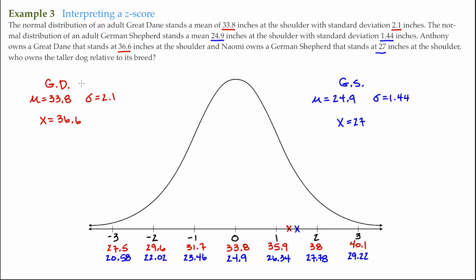So the z-score for the Great Dane here, we'll take the 36.6. We'll subtract out the 33.8. Right? That's going to give us 2.8. Except we need to put in the standard deviation. That's 2.1.